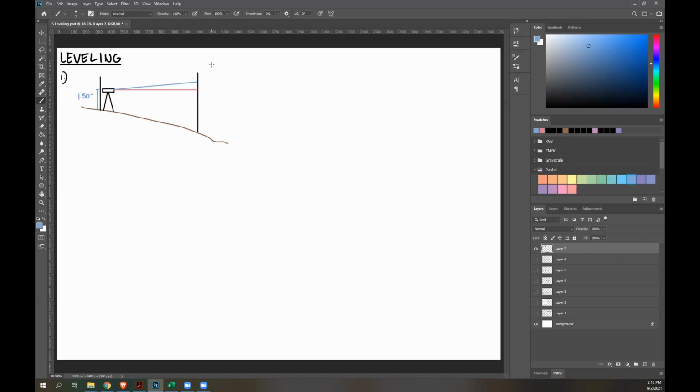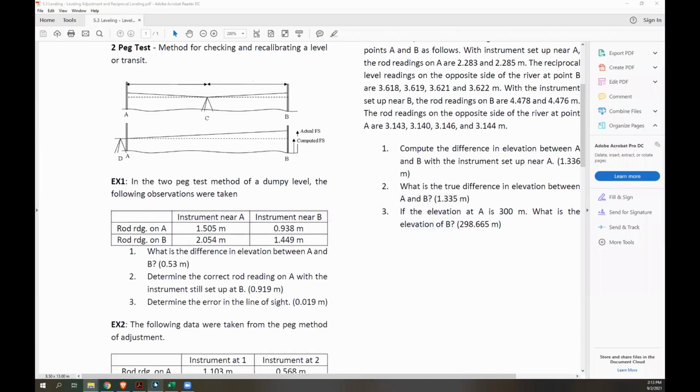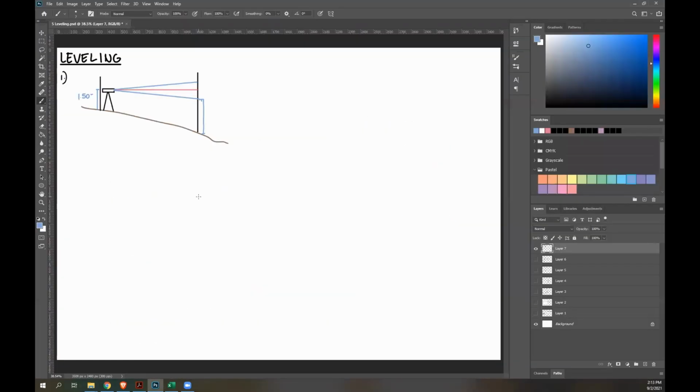So here you're going to assume your instrument is angled upward or angled downward. For example, if it's angled downward, then this is where that reading would be. And here, this would be your 2.054. But I'm going to assume it's upward, so this is that 2.054 reading.